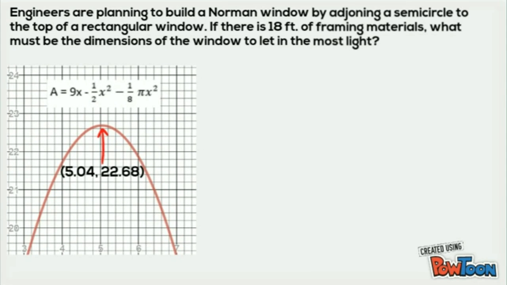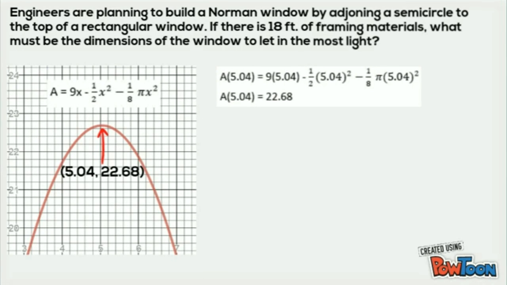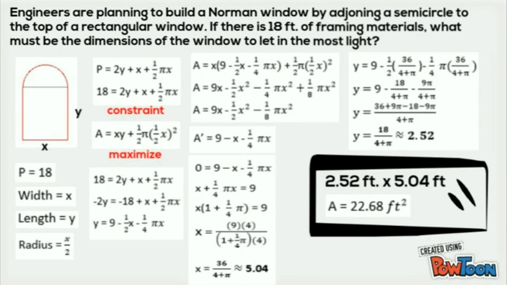Notice that the maximum value has the coordinates 5.04 and 22.68. If we substitute our x, which is 5.04, into the function, we get 22.68 square feet. Therefore, the dimensions of the window should be 2.52 feet by 5.04 feet, and its maximum area would be 22.68 square feet.